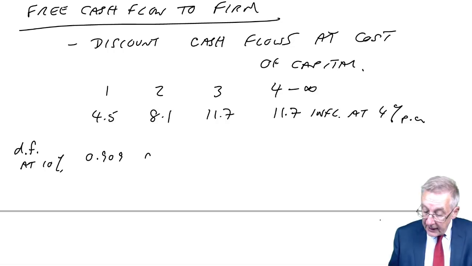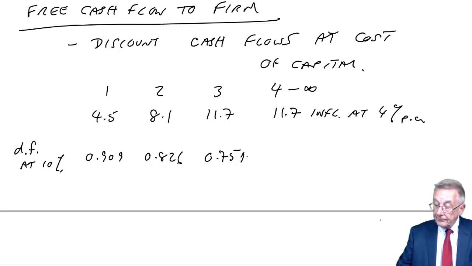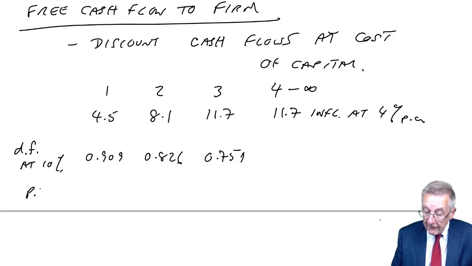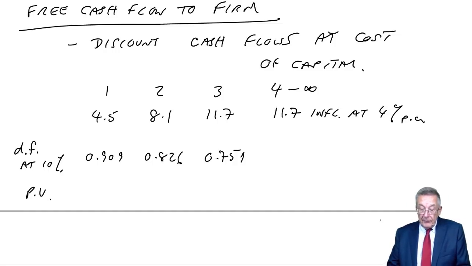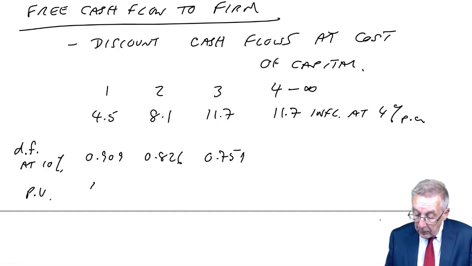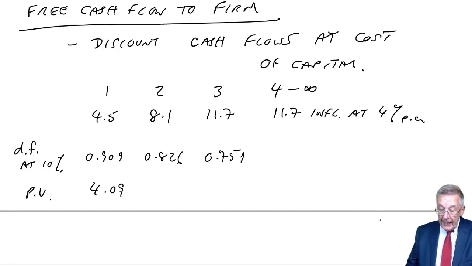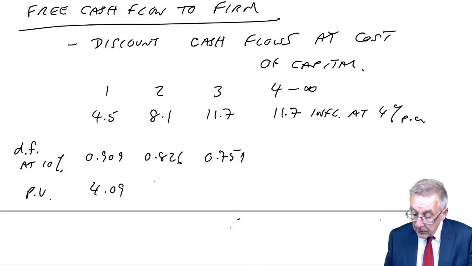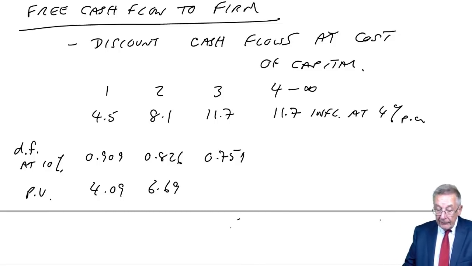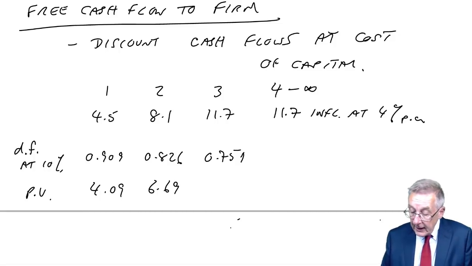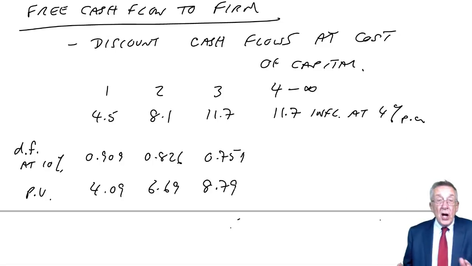For 2 years, 0.826. For 3 years, 0.751. And so for those first three, terribly easy, of course, the present values: 4.5 times 0.909 is 4.09. 8.1 times 0.826 is 6.69. 11.7 times 0.751 is 8.79. So no problem there.